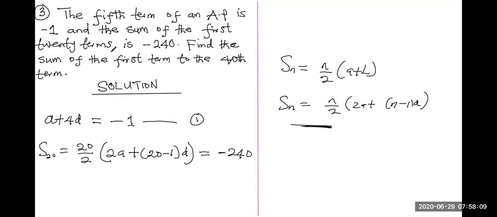So when they took the sum of the first 20 terms, they got -240.